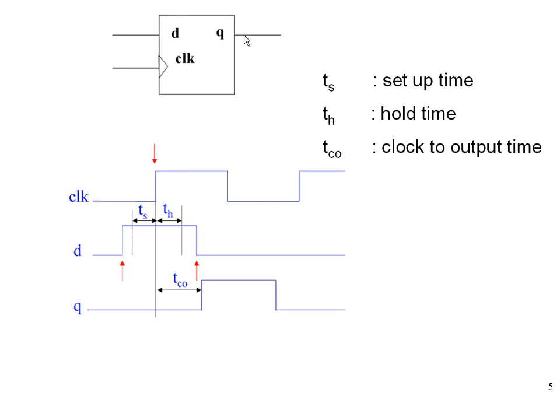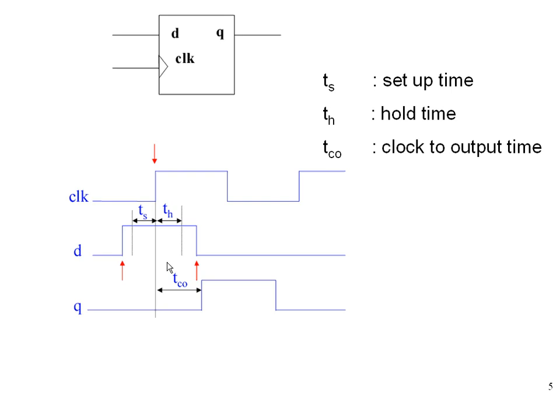What value may come also is not deterministic. Let us say within the setup window or hold window, you change this value to 0. Then the output will come later than the predefined delay, and what value will come also will be probabilistic only. Got it? So it is advised that the value should be held constant in the setup plus hold window.